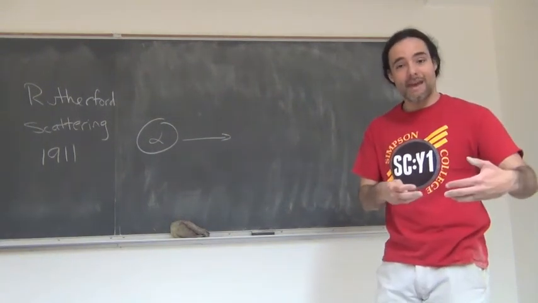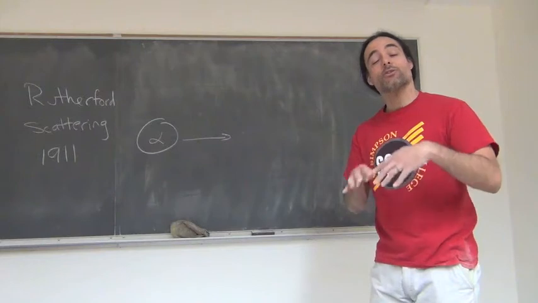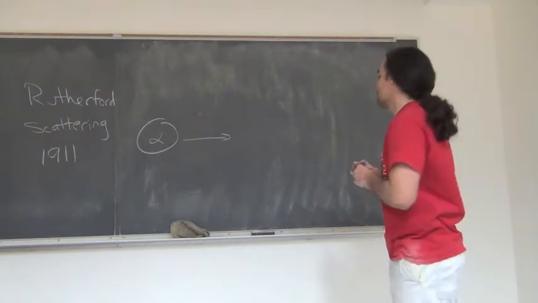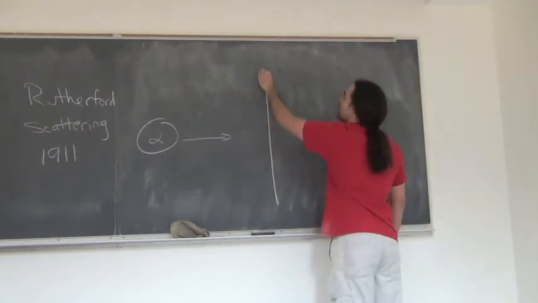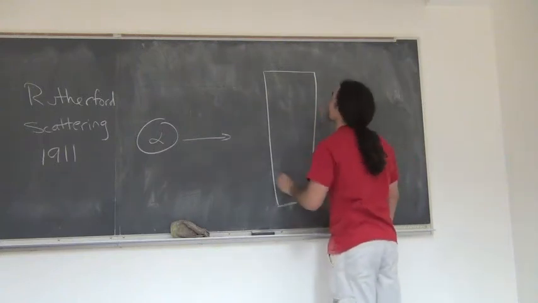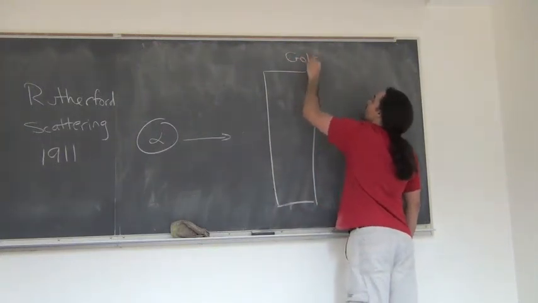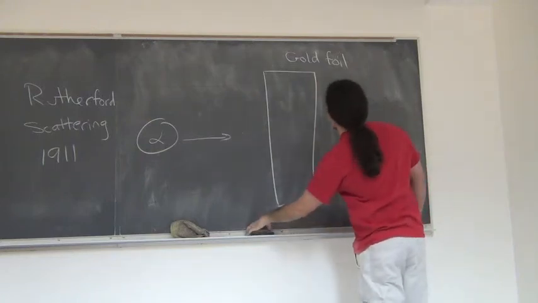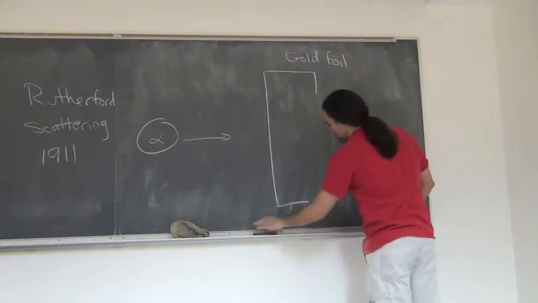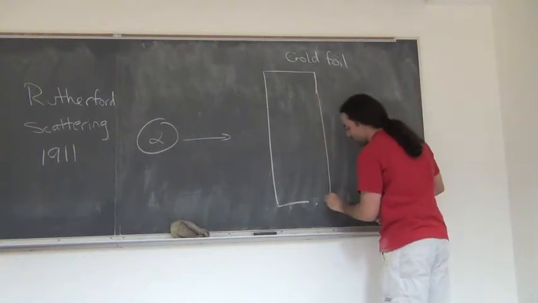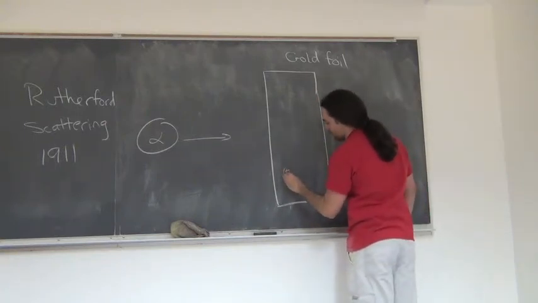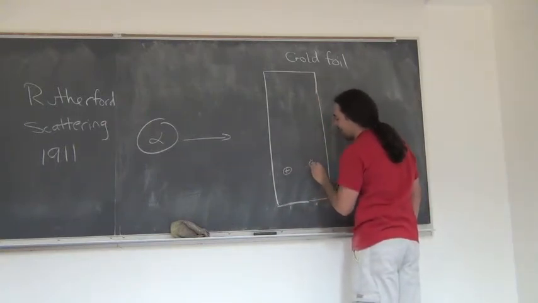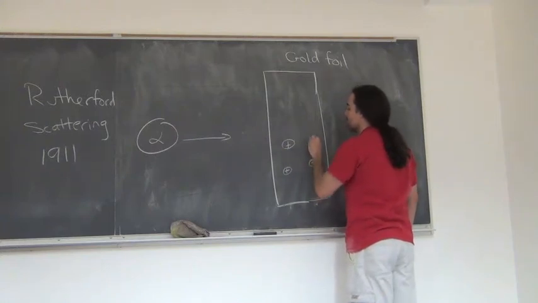So even though it had a lot of mass, it had to be very tiny, so it had to be very, very dense. And so the actual picture of what was going on, as I mentioned before, this was a gold foil film. The actual picture is that you did have these tiny electrons, but you had these very heavy, dense nuclei.